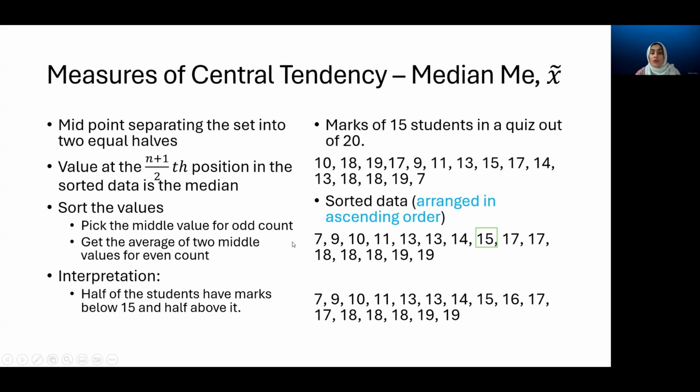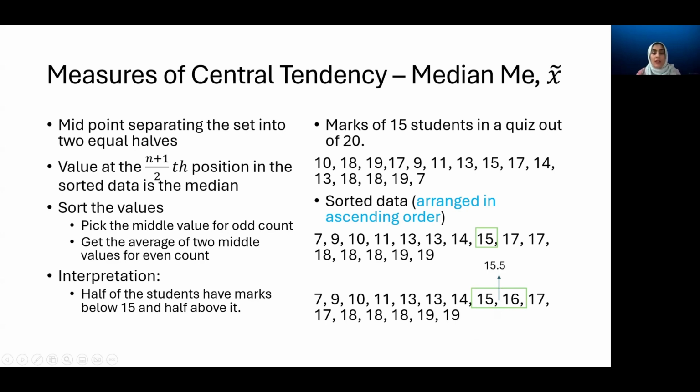Now there is no such position 8.5. So what do we do for the 8.5th position? We're going to take two values, one at the 8th position, the other one at the 9th position. So the one at the 8th position is 15, the one at the 9th position is 16, and we find the value between them, which is the average of that.